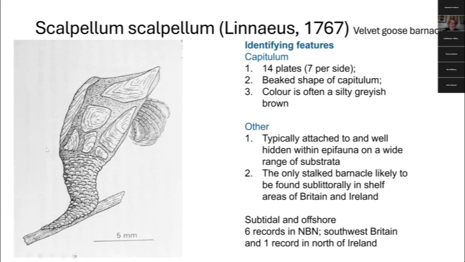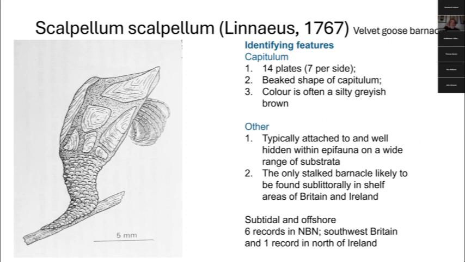So here is the head with the feet coming out to feed out of the tergal opening. And this is the peduncle bit here attached to a piece of debris, or to a hydroid or something like that.